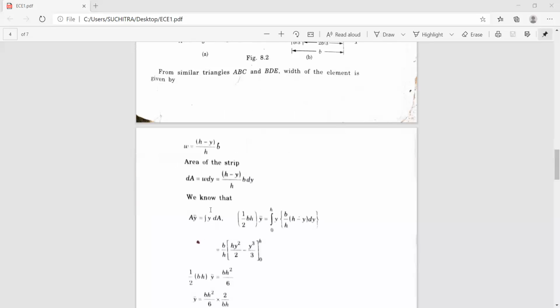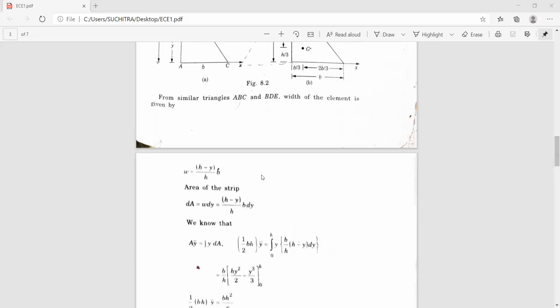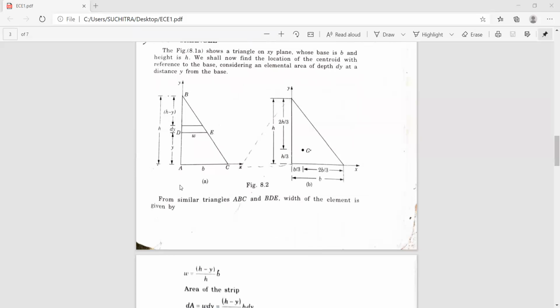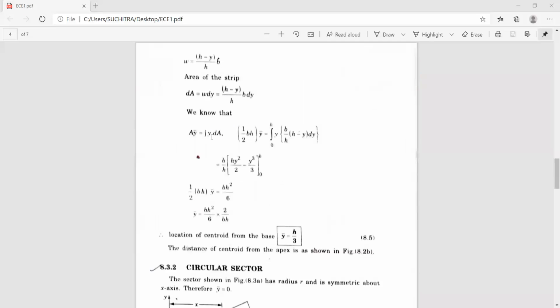Now we know from the definition, that is A y bar. Since we are finding the y bar with respect to the base, A y bar is equal to integral of y dA.